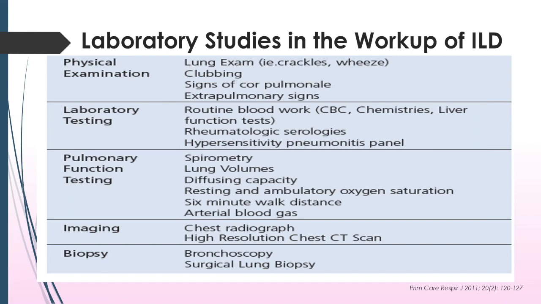There's laboratory testing, including routine chemistries and serological tests to identify connective tissue disorders, for which a battery of investigations are available. Then lung function testing is extremely important. We need extensive testing, so that will include spirometry, lung volume estimation, diffusion capacity, blood gases, a 6-minute walking test. So this gives a fair idea about the physiological impairment.